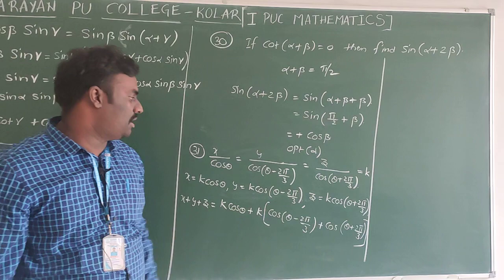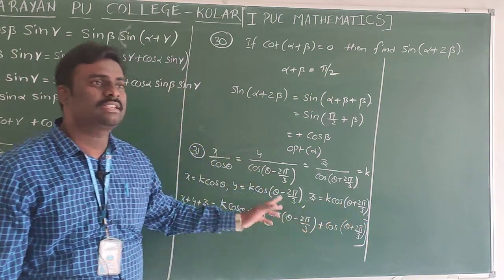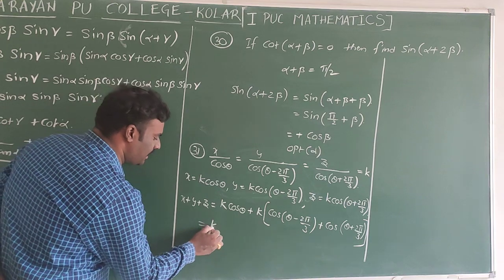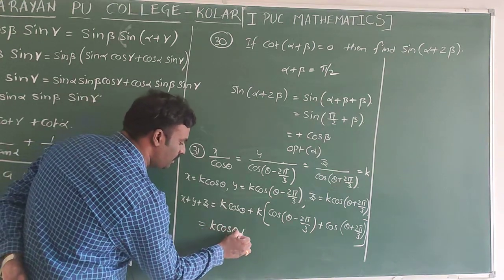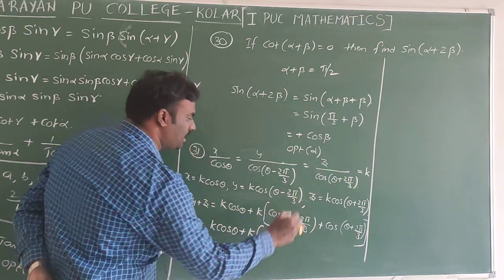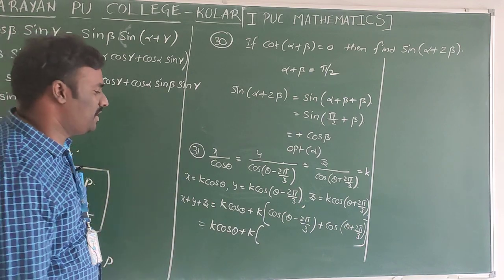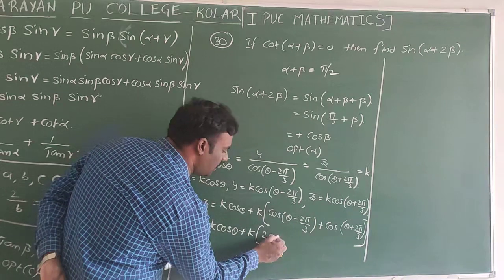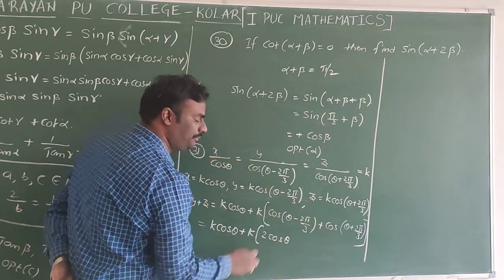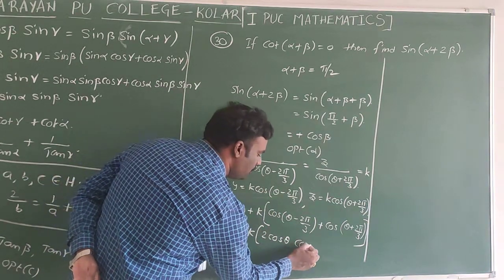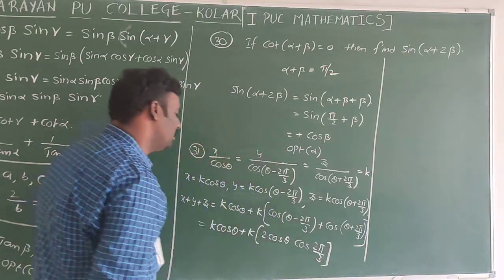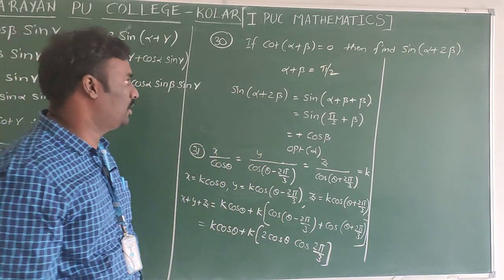It is in the form of cos of a plus b plus cos of a minus b, that equals k cos theta plus k into, formula 2 cos a cos b. 2 cos a means theta, cos b means 2 pi by 3. You simplify. 2 pi by 3 means 120.